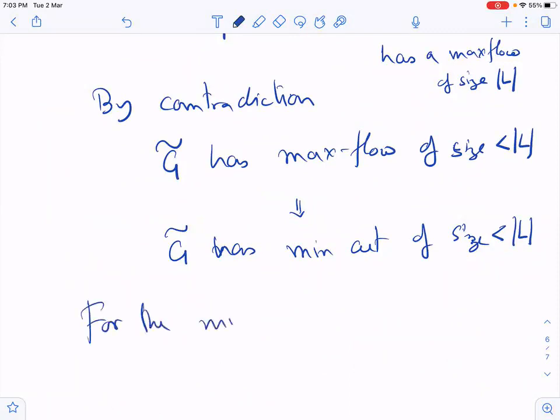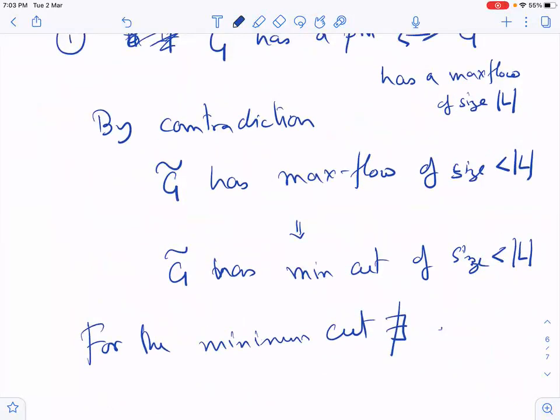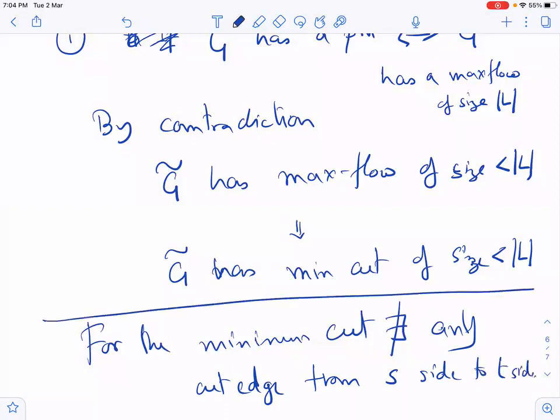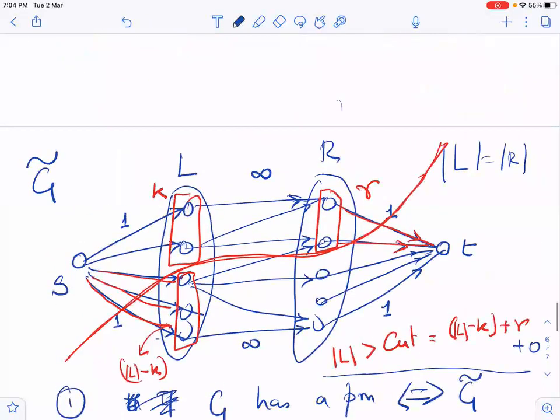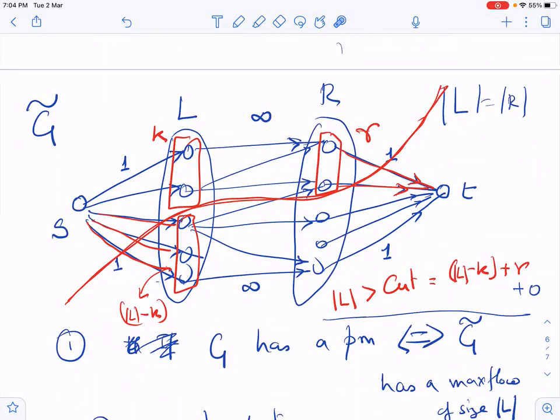For the minimum cut, there doesn't exist any cut edge from the S side to the T side. This is because of the fact that I put it as infinity. So a minimum cut that is less than L has this kind of a count.